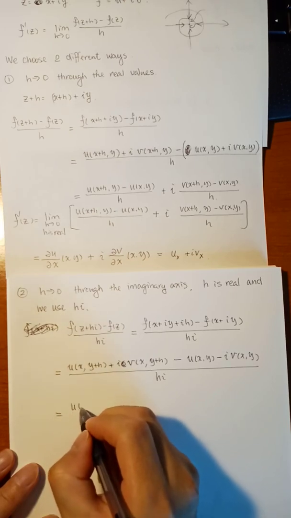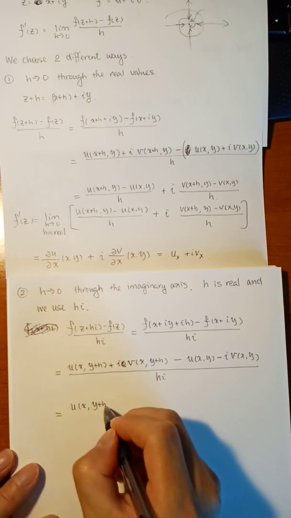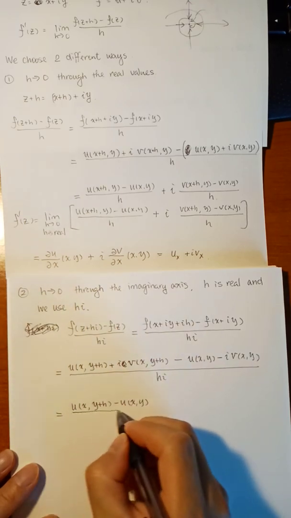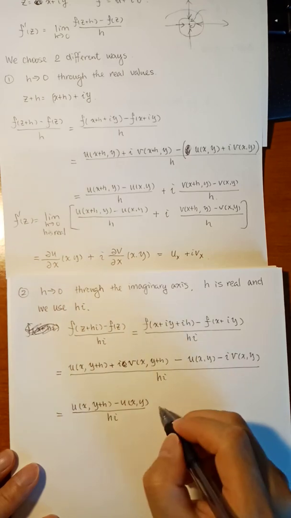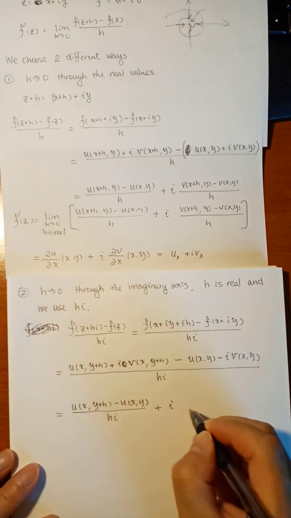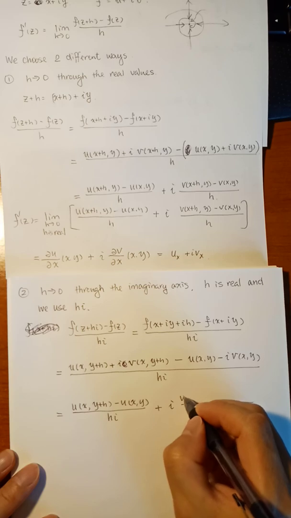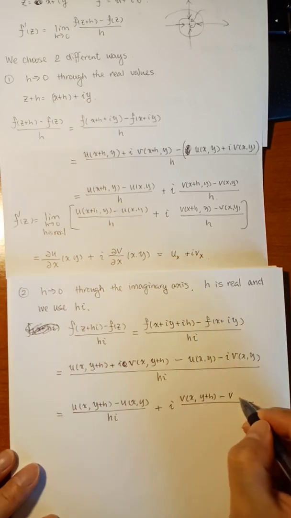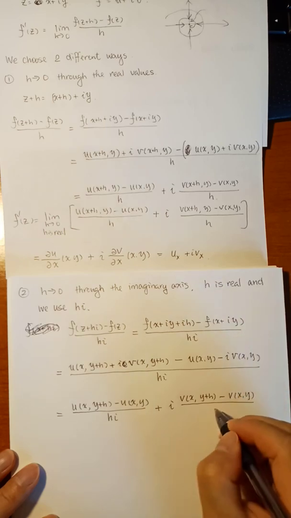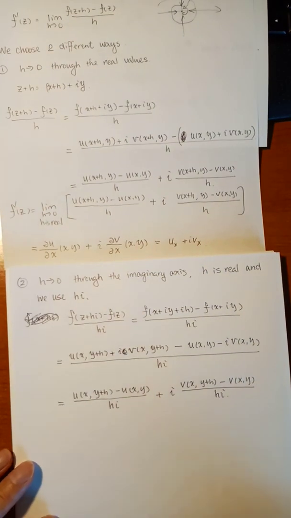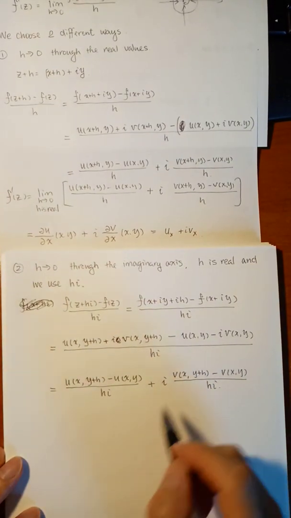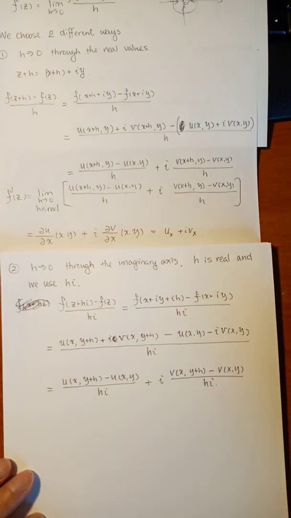So u of x comma y plus h minus u of x comma y over hi. Be careful, there's a small change here. Plus i v of x comma y plus h minus v of x, y over hi. Okay, so the denominator is hi. h is real. So by this form, we guarantee we choose a pure imaginary number.